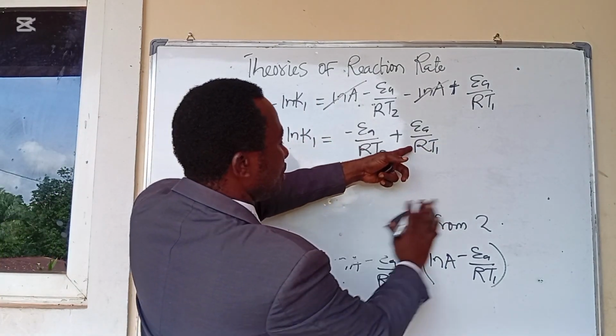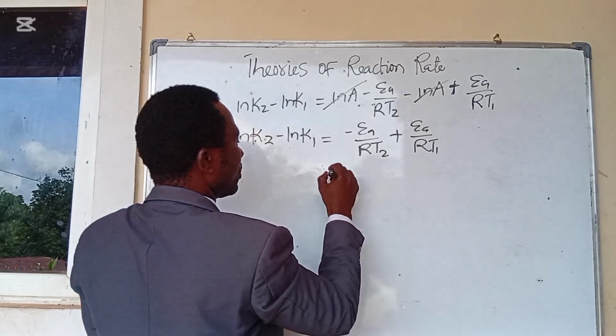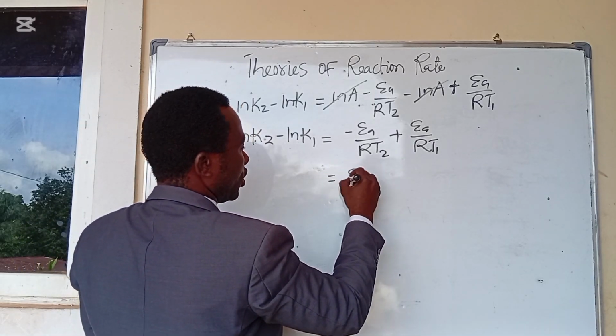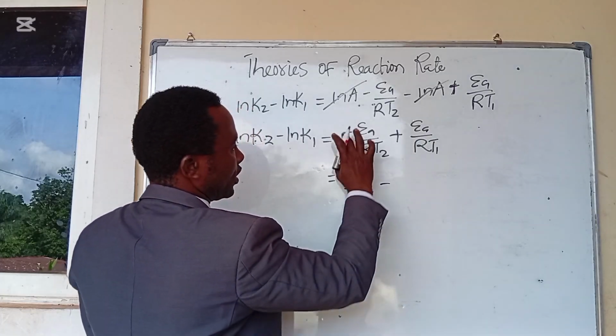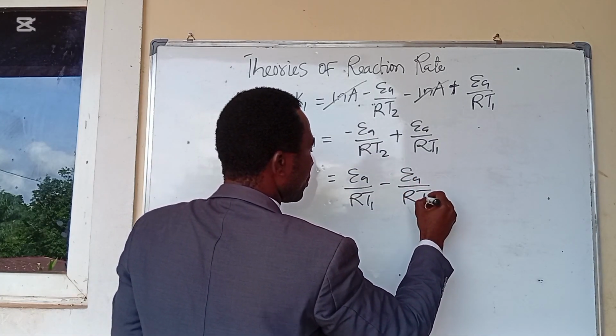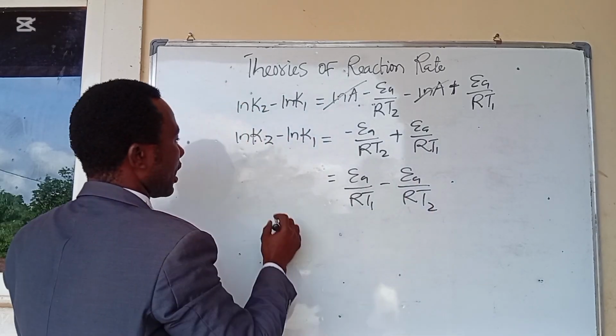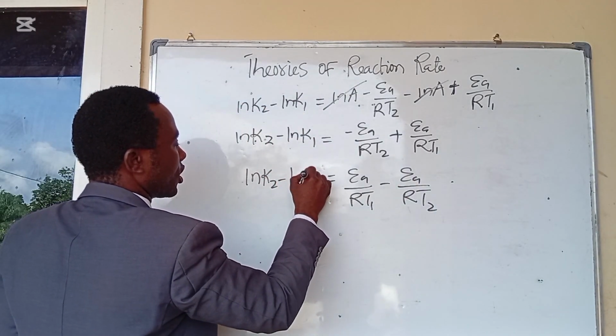So if we rearrange this, starting with the plus, we have EA over RT1 minus EA over RT2, and that will be ln K2 minus ln K1.